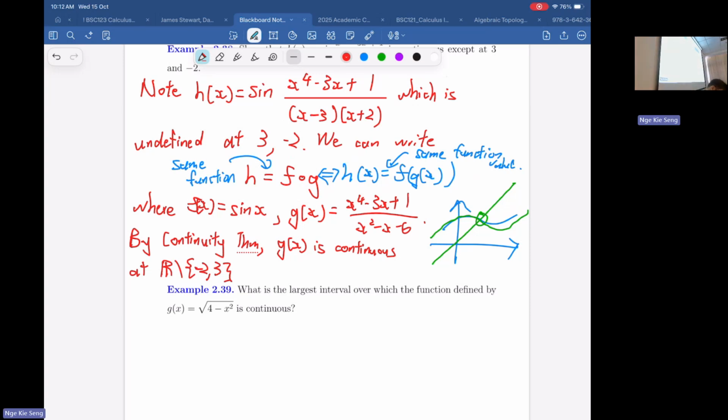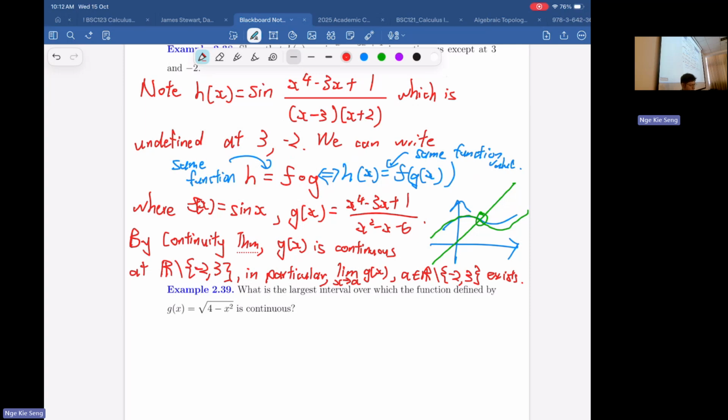So in particular, the limit of g(x) when x approaches a, where a is in this set, the complement of minus 2 and 3.